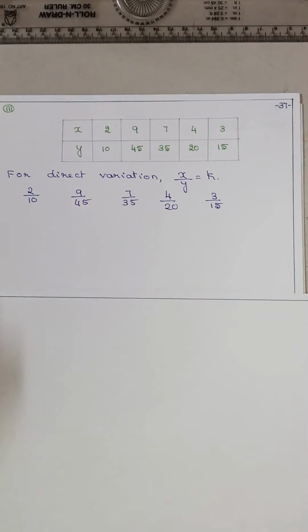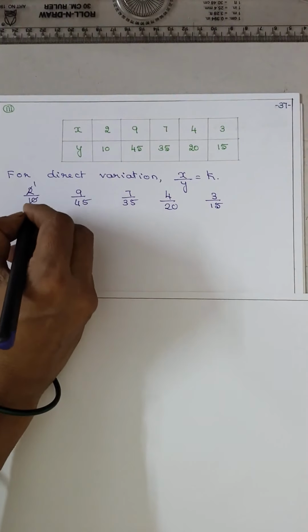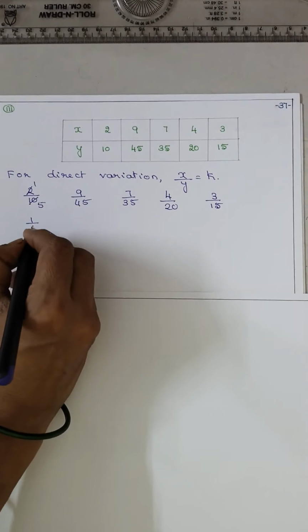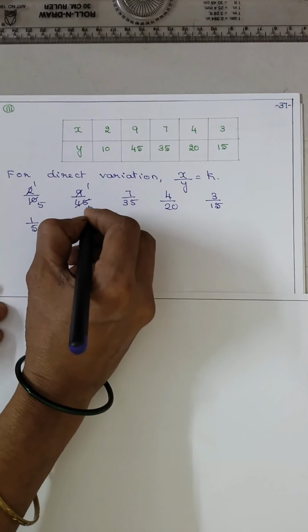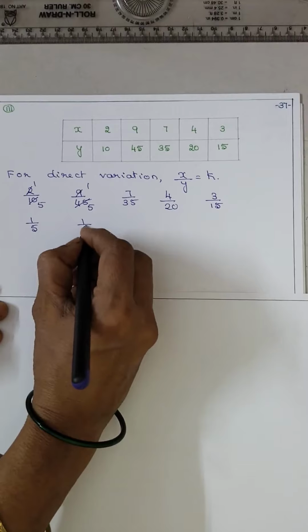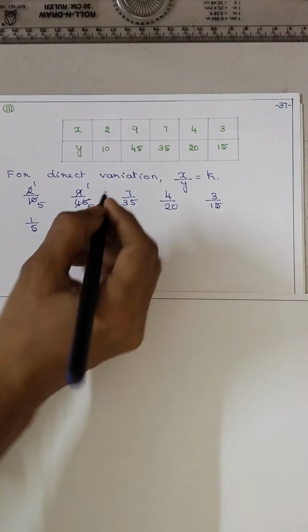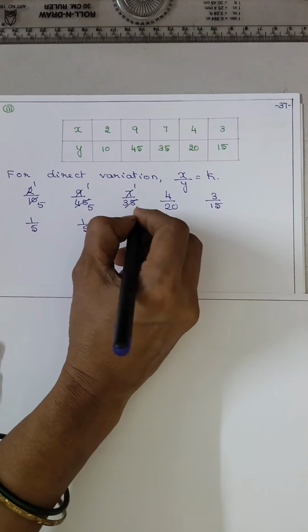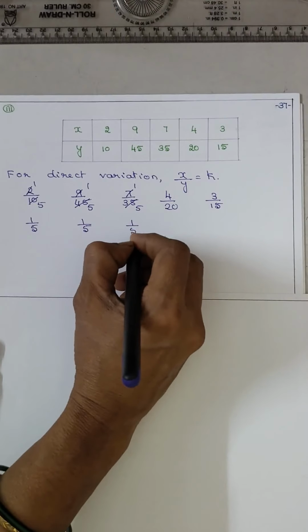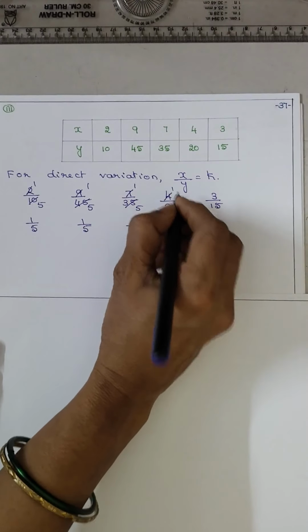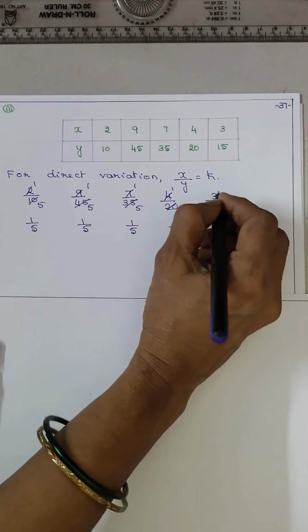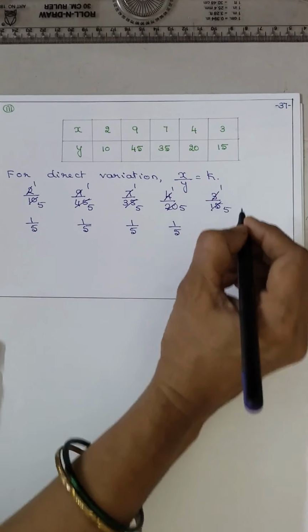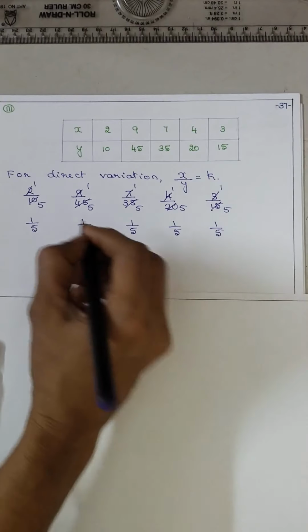Now check. 2 1s are 2, 5s are 10, 1 by 5. Now 9 1s are 9, 5s are 45, 1 by 5. Now 7 1s are 7, 5s are 35, 1 by 5. 4 1s are 4, 5s are 20, 1 by 5. 3 1s are 3, 5s are 15, 1 by 5.